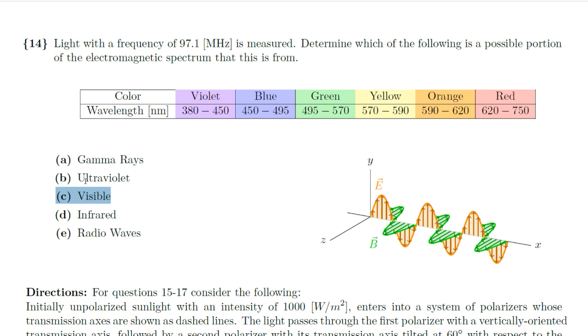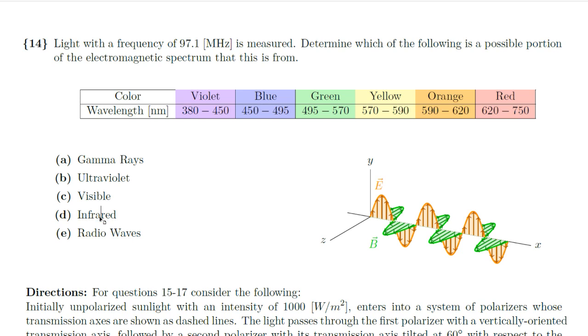You should recognize that ultraviolet, as well as X-rays, which are not listed here, and gamma rays, are all wavelengths which are smaller than visible light. If visible is nanometers, and these are smaller than nanometers, then that's the wrong direction to go towards a whole number of meters. So it's either got to be infrared or radio waves.